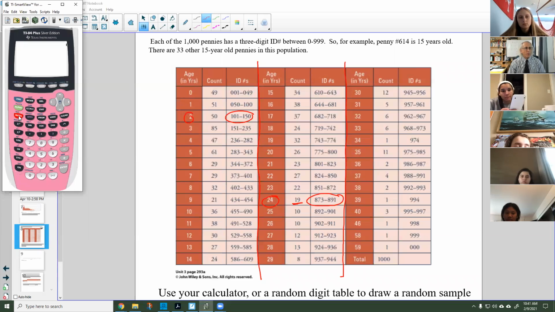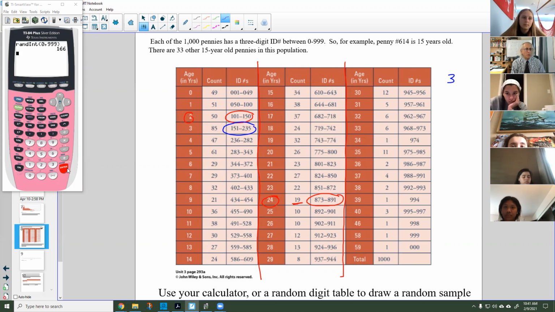Press the math button and scroll over to PRB for probability, and go down to number 5, which is randInt, and put in 0, 999. Those are the numbers of all the pennies. Close your parentheses. My first penny is number 166. So 166 is in this group, so my first penny is 3 years old.